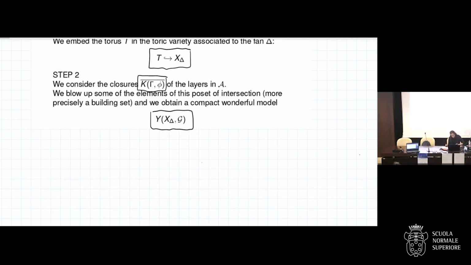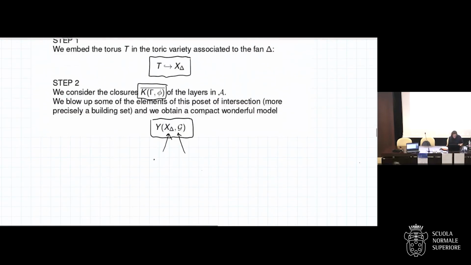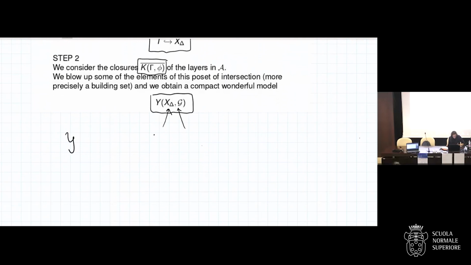In general, this variety depends on the choice of the building set and on the choice of the fan. But in our case, the choice of the fan was somehow natural, because we had this fan of type A_n we could choose. So the model in our case would just be a toric model of type A_{n-1}.